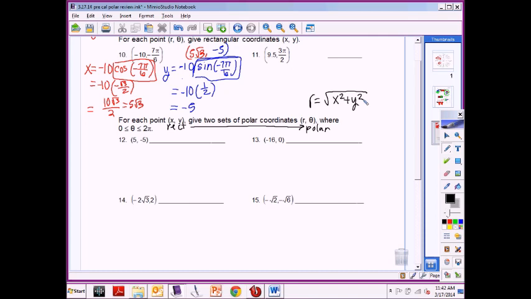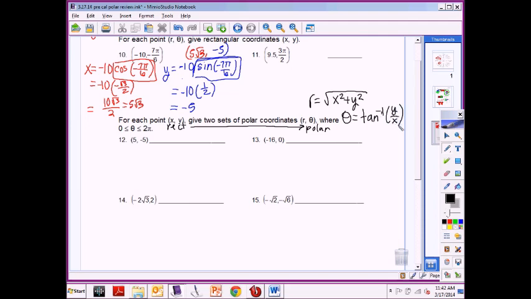That's why I'm telling you, you should memorize it this way, so that you can remember to take the square root. And theta equals the arctan of y divided by x.